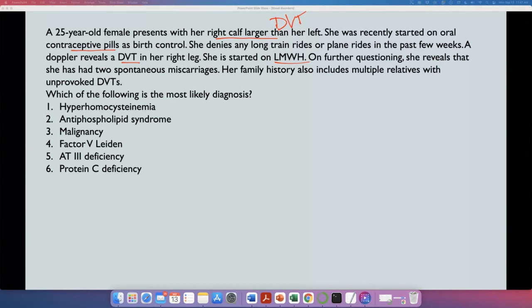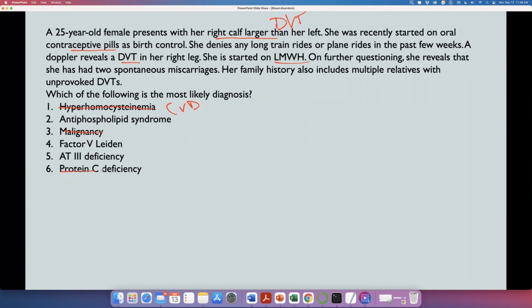Okay, she's young, we don't have any reference of any malignancy that she may have. So we are gonna rule out malignancy. Hyperhomocysteinemia, well, this occurs in people who have risks of cardiovascular disease or B12 or folate deficiency. Nothing in the question makes us think about that.